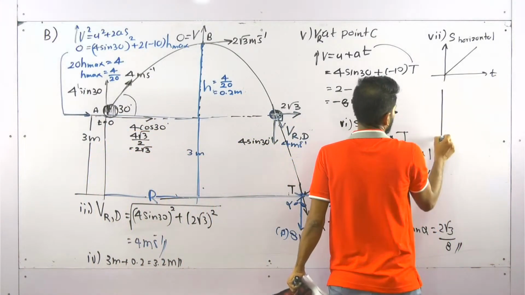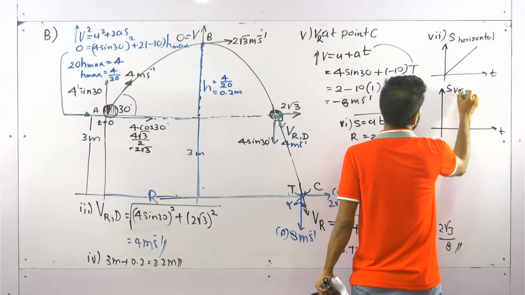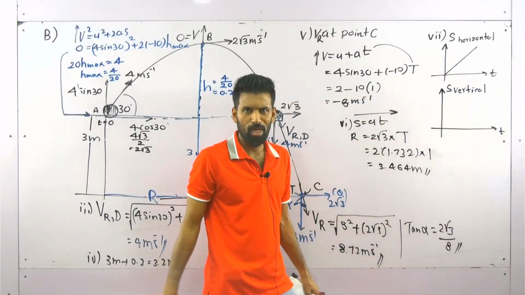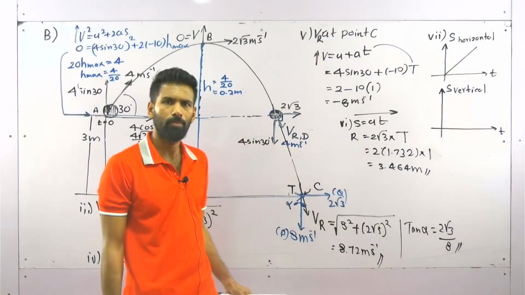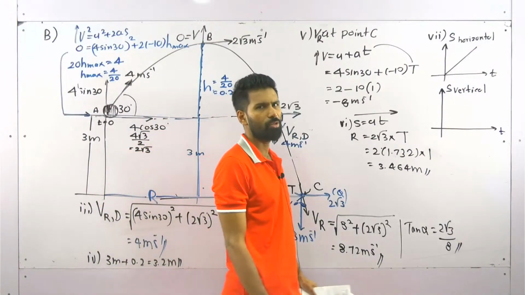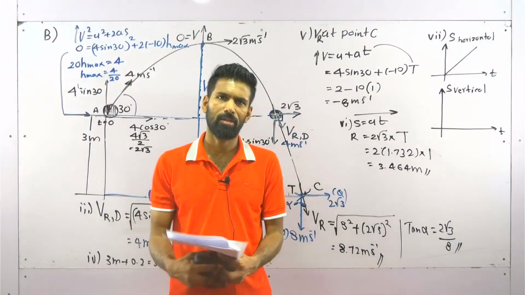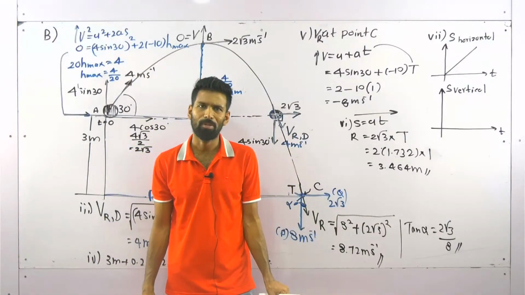And what is the displacement time curve for the vertical side? In a displacement time curve, the gradient shows the velocity. So here, what happens to the velocity?